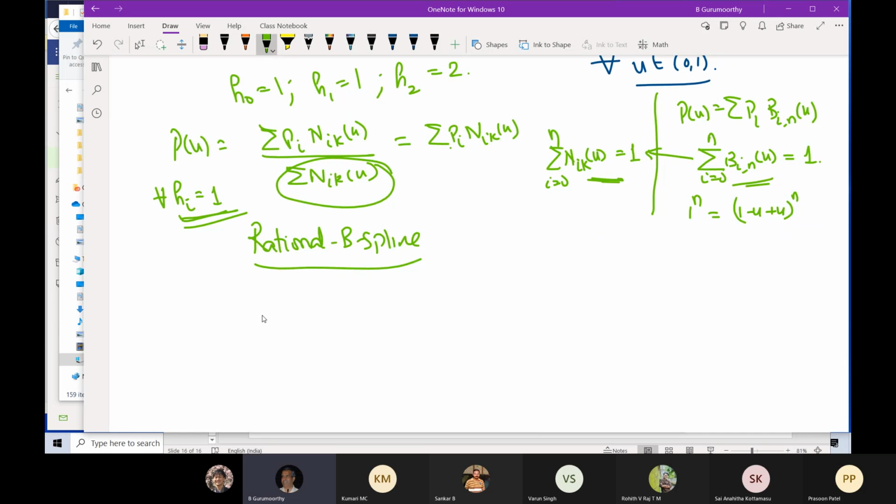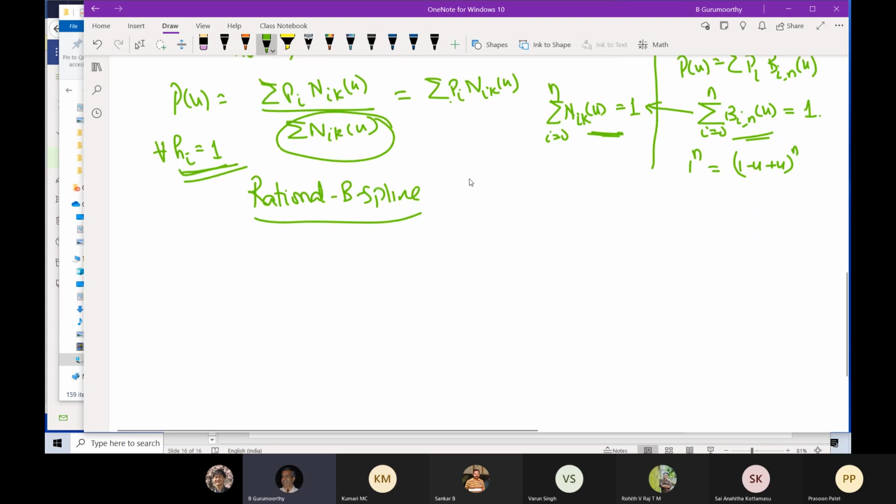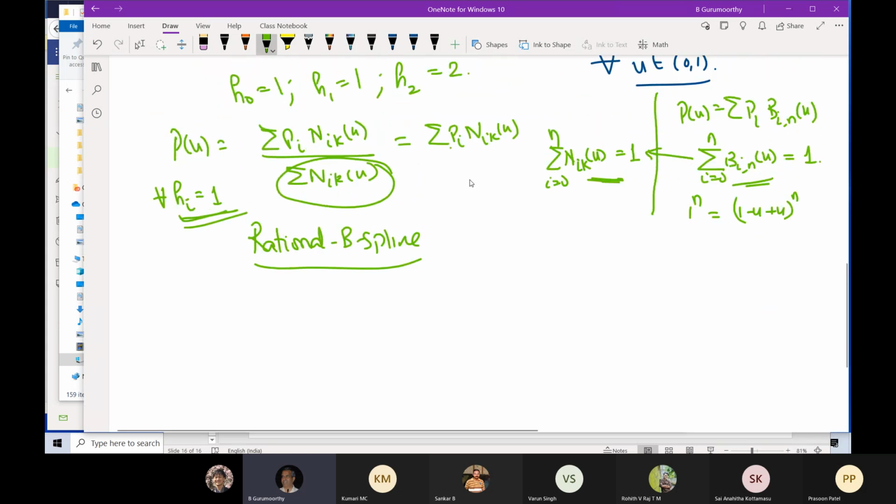I want to just take a minute now, actually more than a minute, but this is something offline, to show you what the physical significance of the h's are, just so that you understand. Let me go back to the general quadratic curve. So I have a P0, a P1, and a P2, and this is my control polygon, and that's my curve.